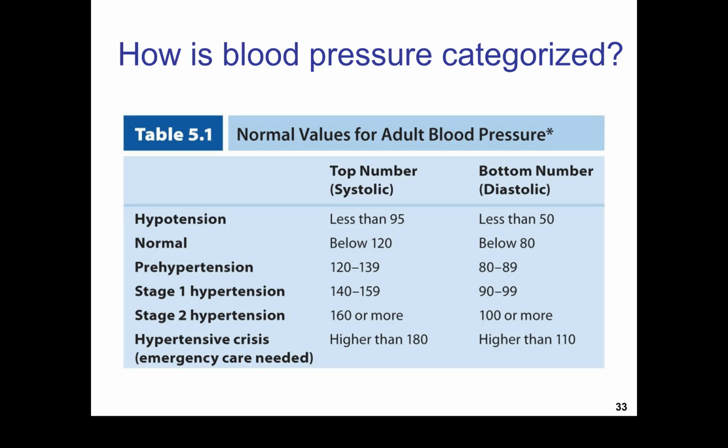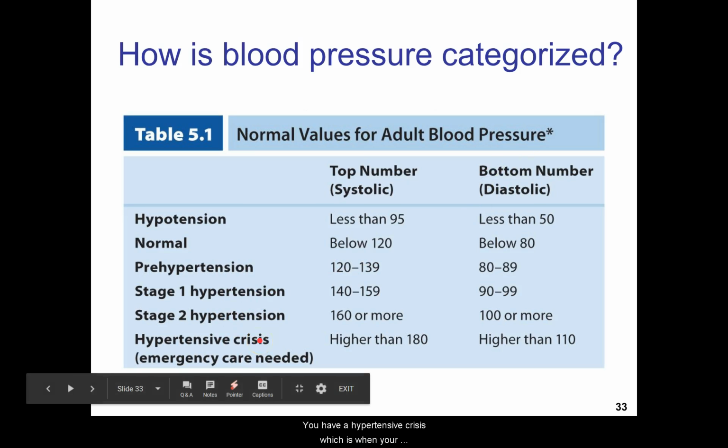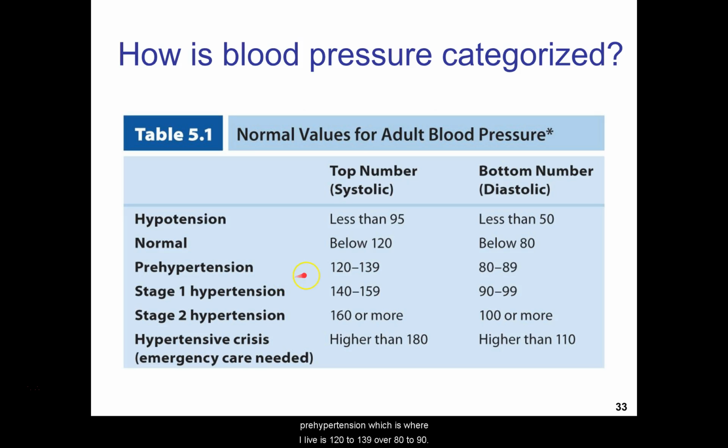So there are, like I was saying a moment ago, you have a hypertensive crisis, which is when your blood pressure is through the roof, and you will need emergency care for this. You're probably on the verge of having an aneurysm at this point. Then you have stage 2 hypertension, which is 160 over 100. Stage 1 hypertension, 140 to 160 over 90 to 100.